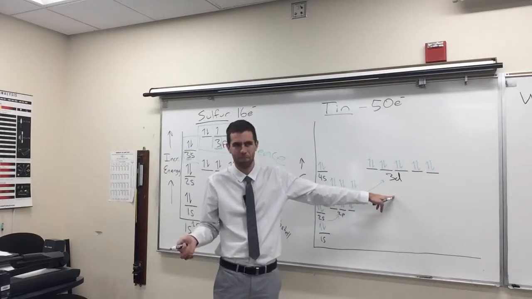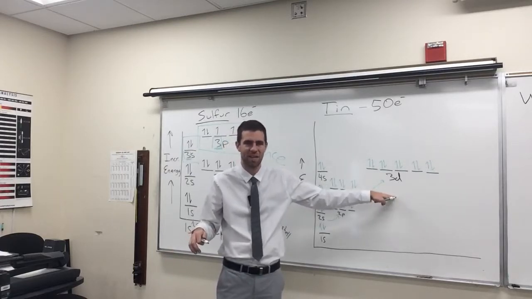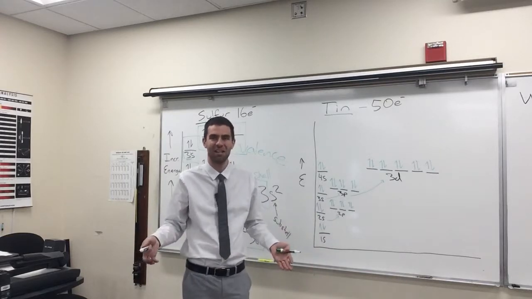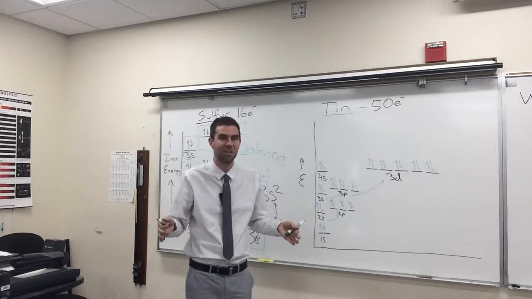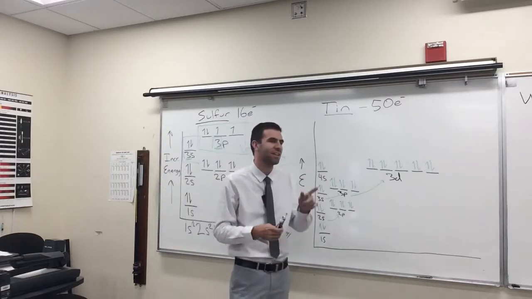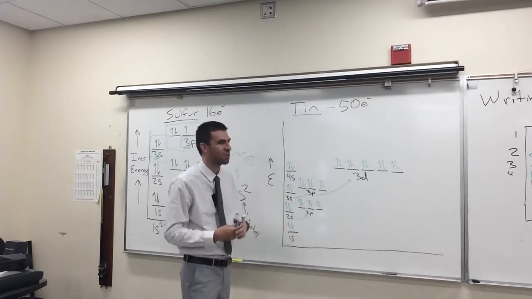So this is where it gets a little tricky. What is the valence? Oh, we'll do it at the end, when we get to tin. Don't forget it's the outer shell, the highest energy shell, not subshell. So the valence wouldn't have anything to do with the letter. It still only has to do with the number. So let's keep going, and I'll show you in a second.